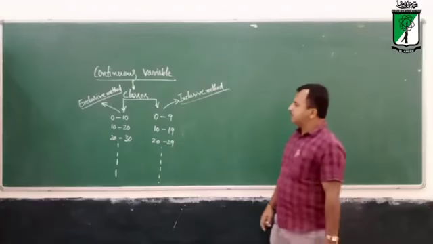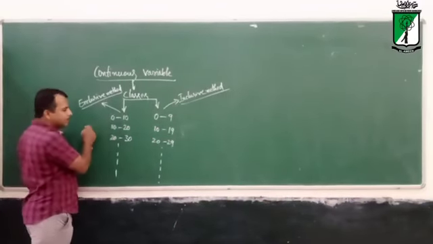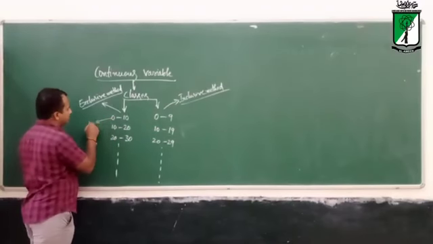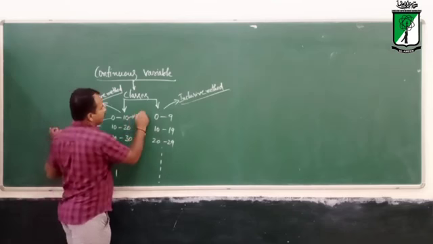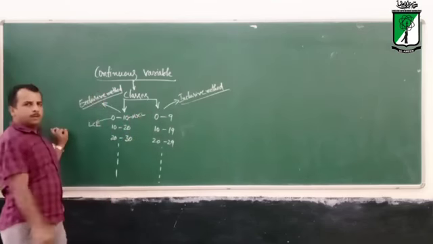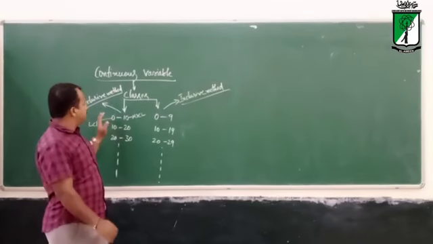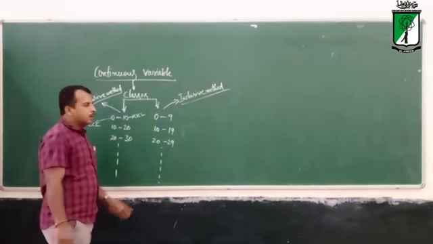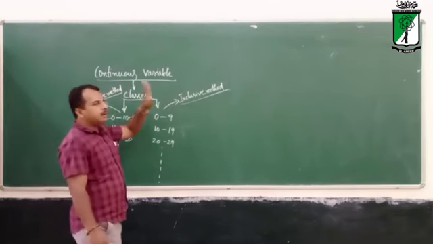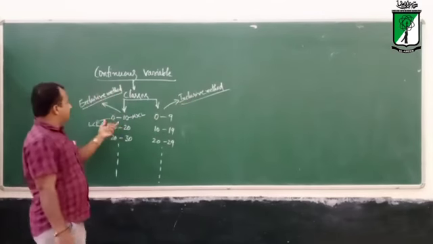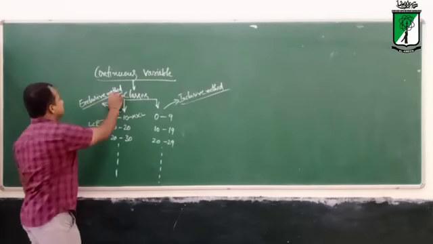The name itself says exclusive. Here 0 is the lower class limit and 10 is the upper class limit. Understand properly. Compared to the inclusive method, here in the exclusive method the upper class limit is excluded. That's why it is called the exclusive method.